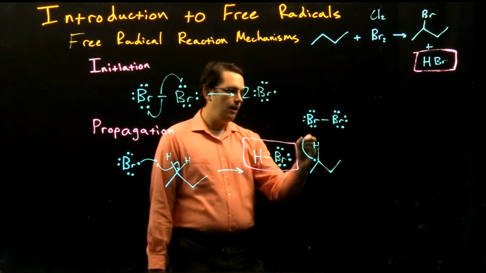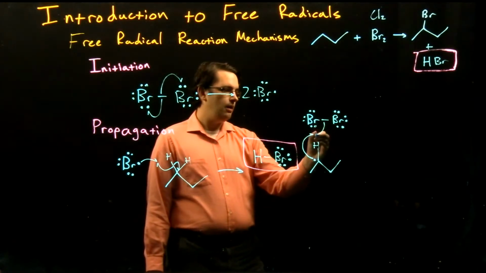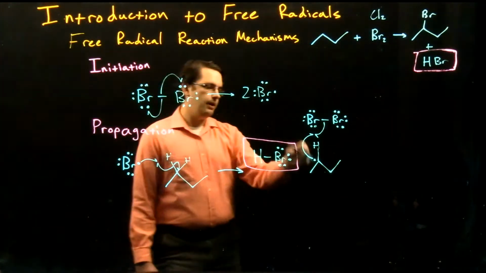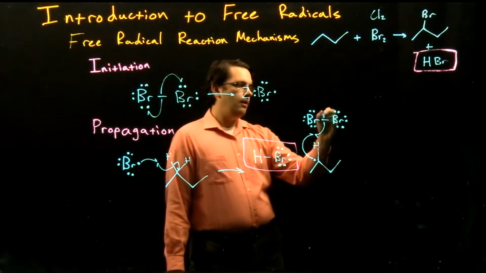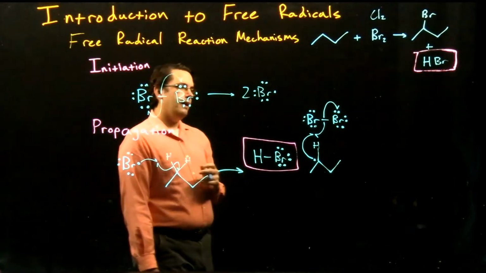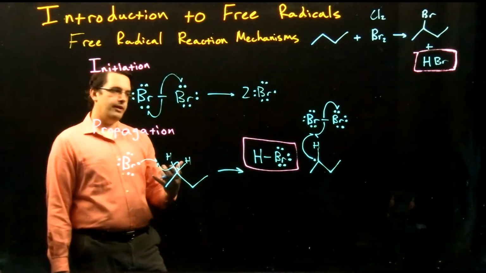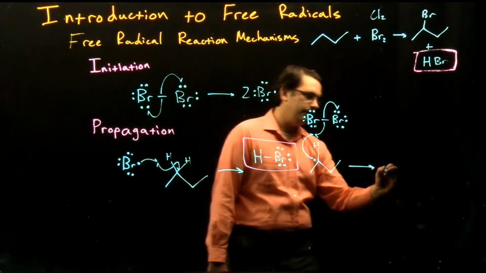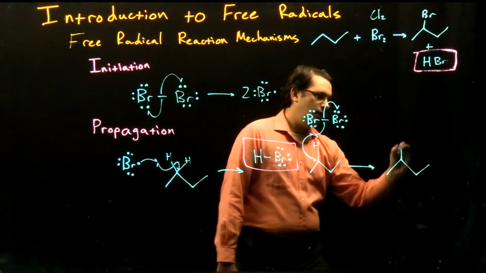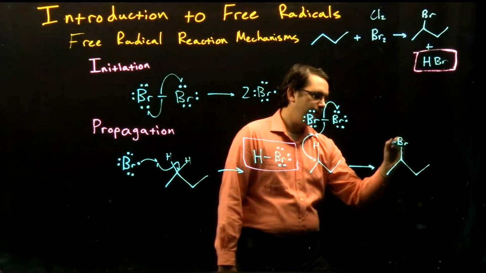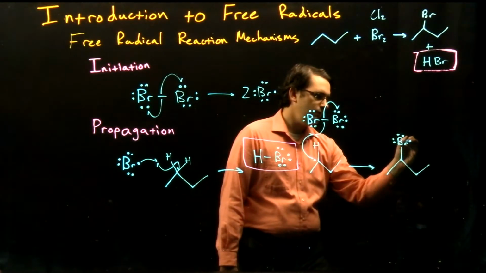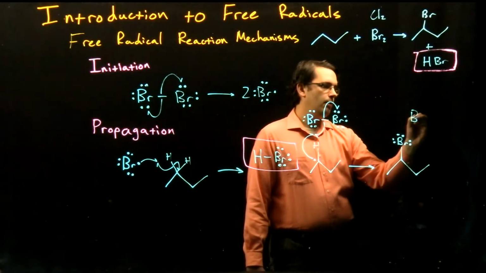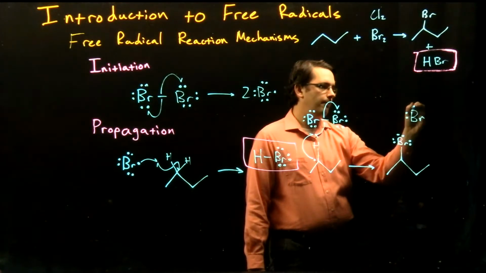So we bring in our single electron, and we take one of the electrons from that bond to bond to our free radical, and the other one goes, and it's going to be forming a new free radical. So after the second step, we're going to produce our alkyl halide product, and we also produce another bromine free radical.